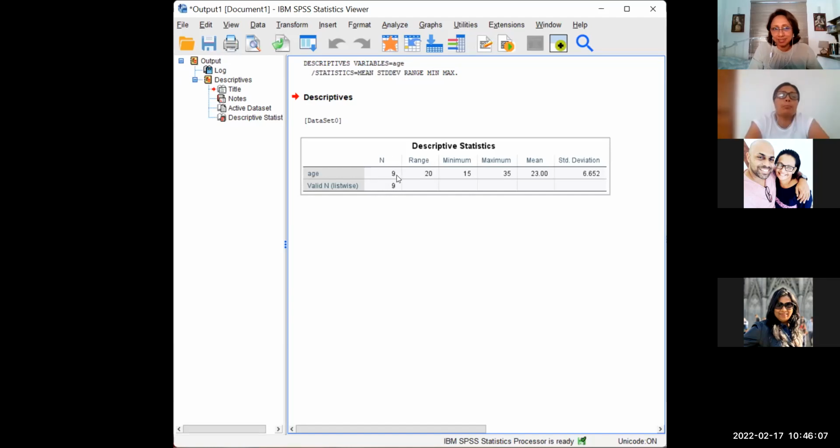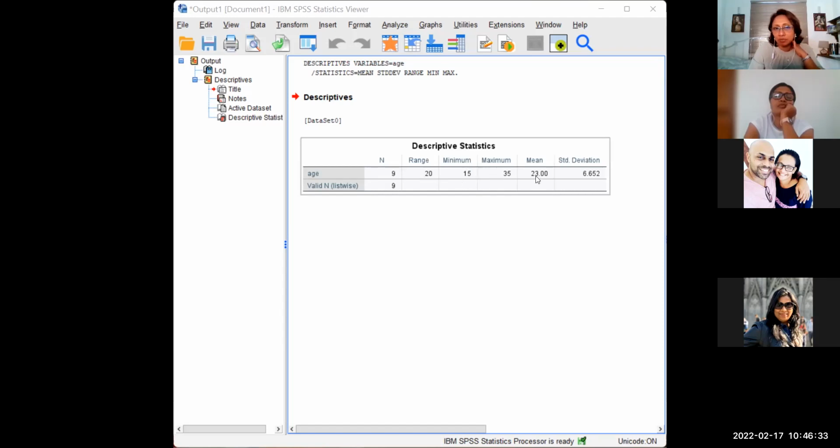N is 9 people. The range is 20. Now, how did we get the range of 20? In your textbook, we know the minimum age is 15 and the maximum age is 35. So your range is 20, that's correct.